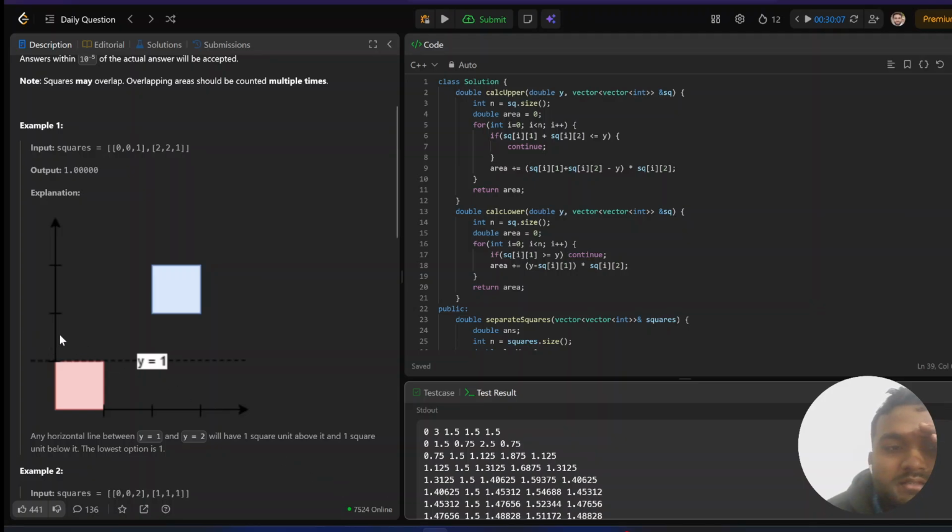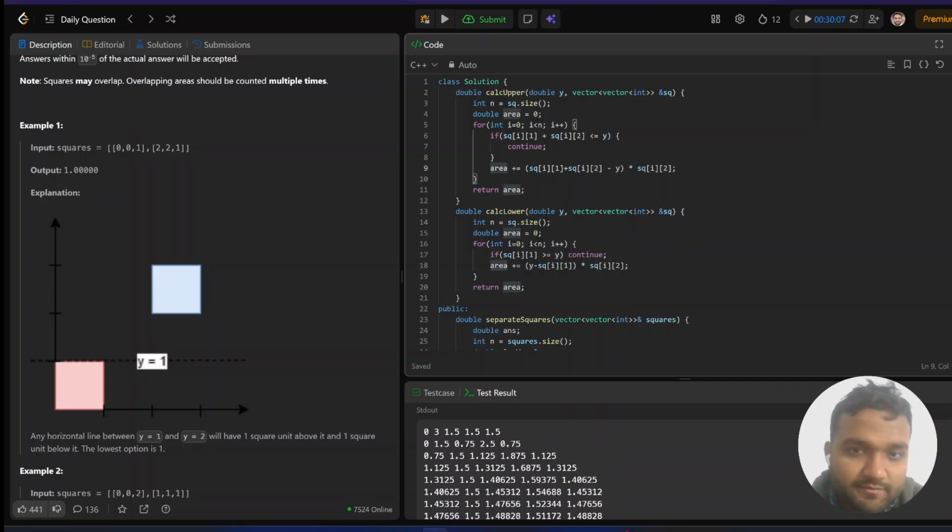This is valid when our y is greater than what? Sq of i comma 1.